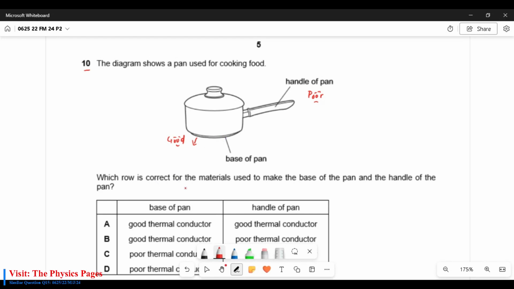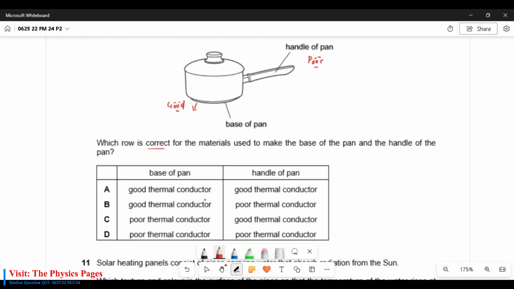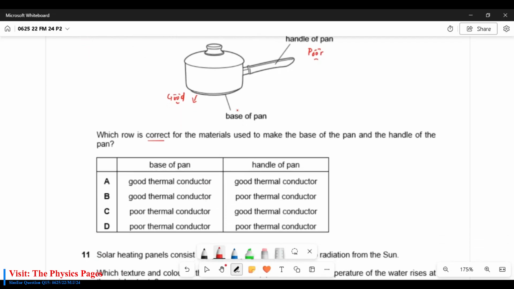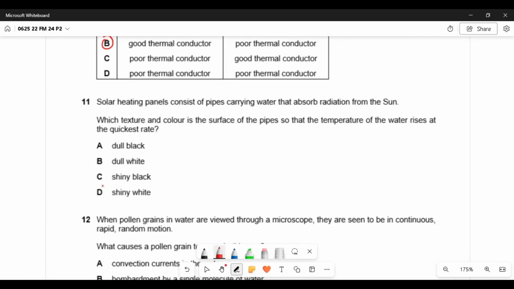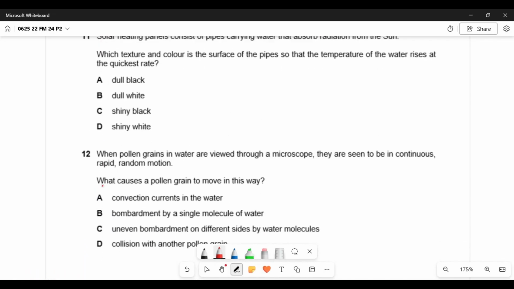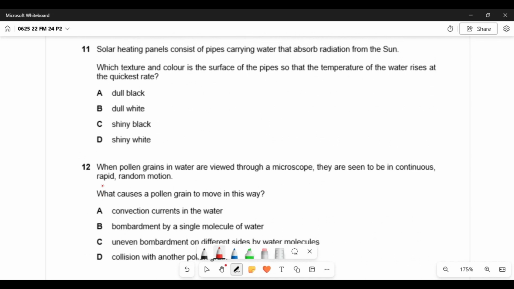Which row is correct for the materials used to make the base of the pan and handle of the pan? As I told you, the base of the pan should be a good thermal conductor, and the handle should be a poor thermal conductor. B option.